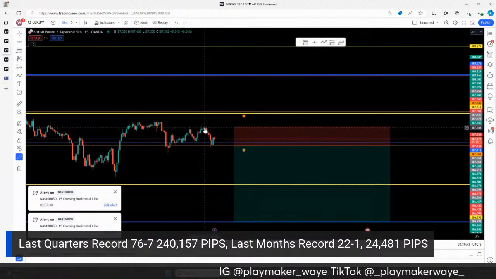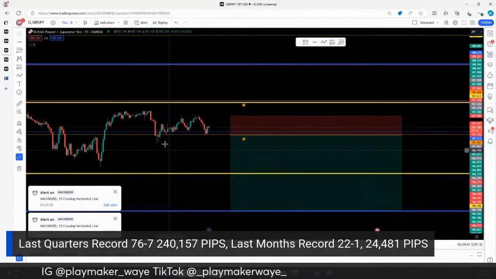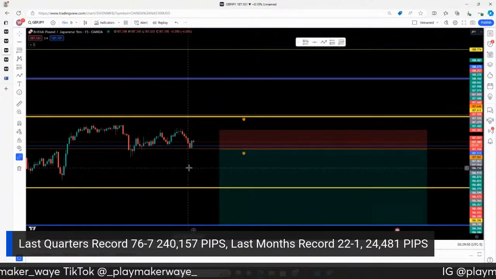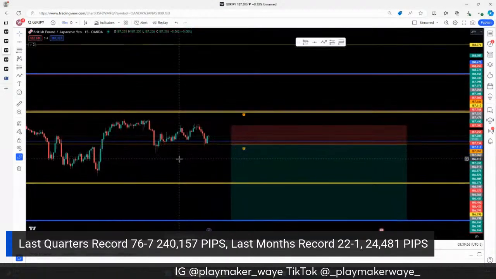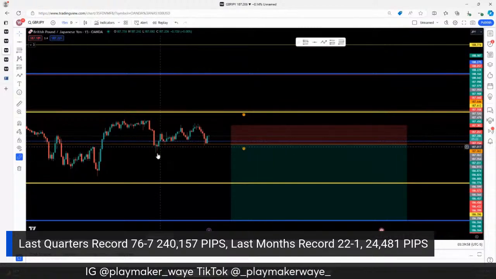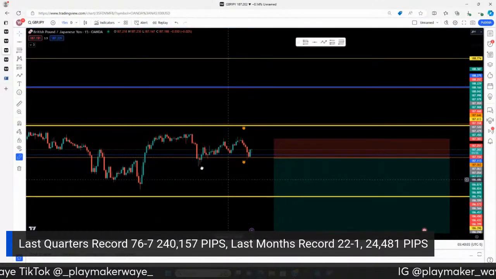I don't know. I'm not concerned if it tests that level or not because that's not a level I'm trading off of as of right now. So I don't really concern myself with levels that I don't have marked off. Now there's levels everywhere, and all levels are relevant. But all I worry about is the levels I have marked off and the zones I'm looking for entries and exits on.